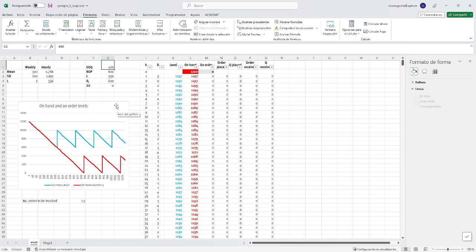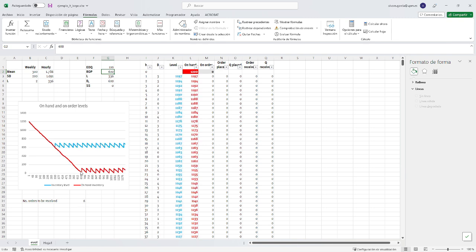If I set this value to 100 and recalculate now, what I will see is that instead of having one order in between, when I place an order and receive it during the lead time, I have 1, 2, 3, 4, 5, 6 orders, and they are very wide apart. Okay, these two lines, but the behavior is exactly the same.